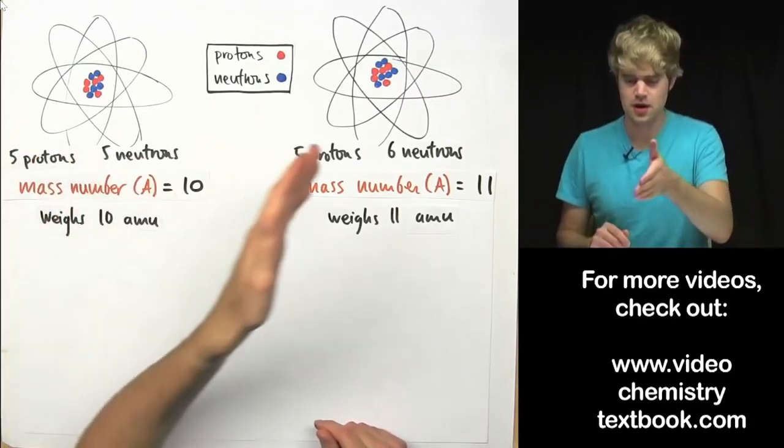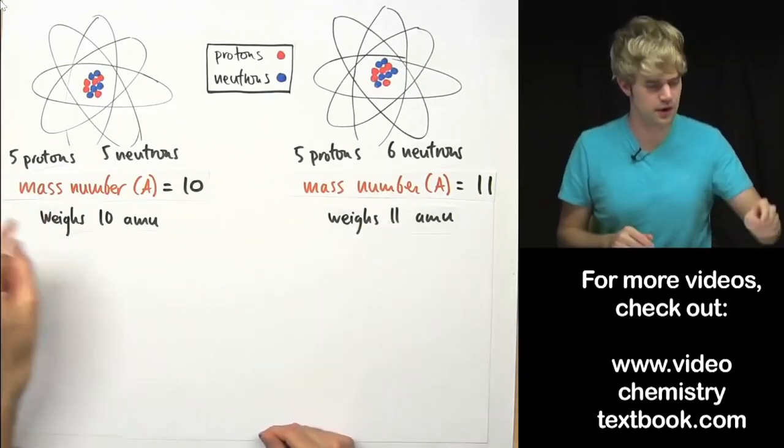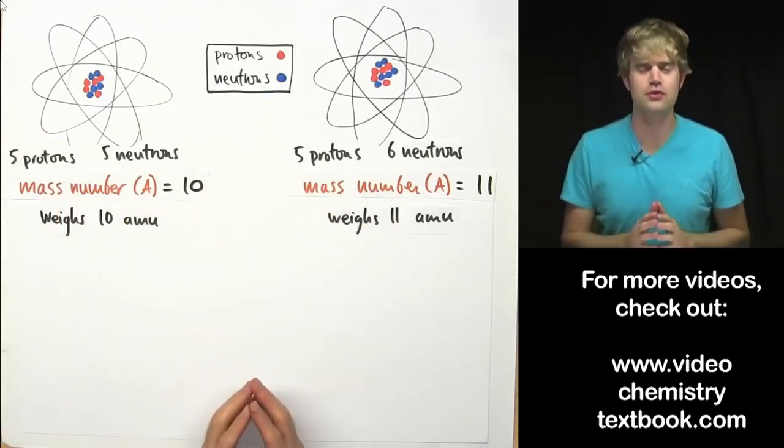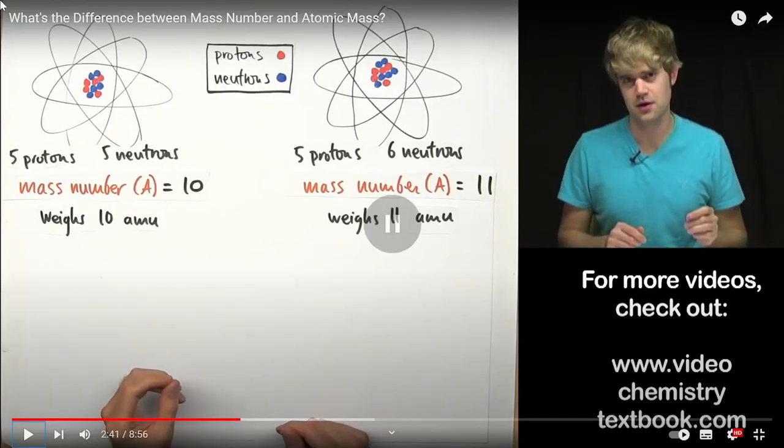You might notice that both of these atoms have the same number of protons in their nucleus. 5 protons here and 5 protons here. This means that they're the same element. Which element is it? Go look on your periodic table.